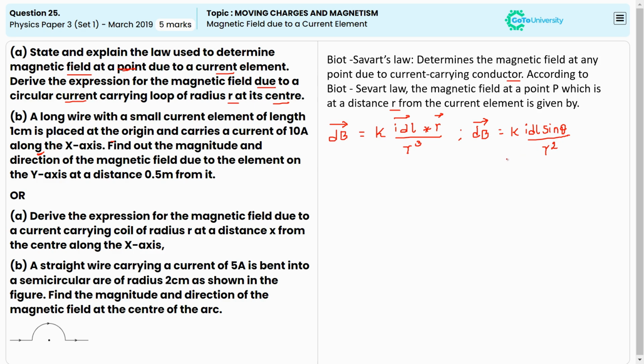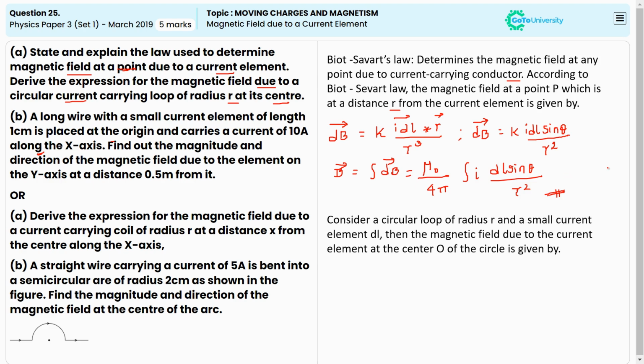Then B vector is equal to the integration over dB vector, that is equal to mu naught divided by 4 pi, it's a constant, and integration of I dl sin theta divided by r square. This is the expression. Now consider a circular loop of radius r and a small current element dl.